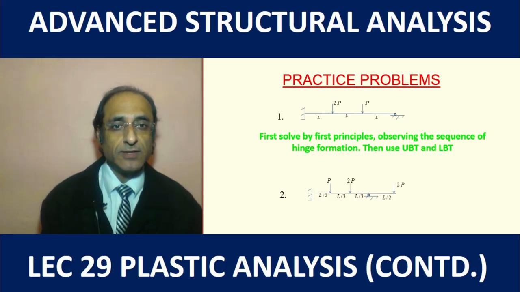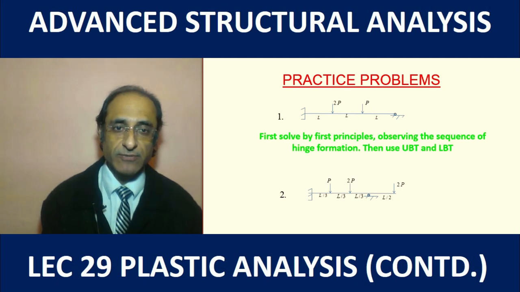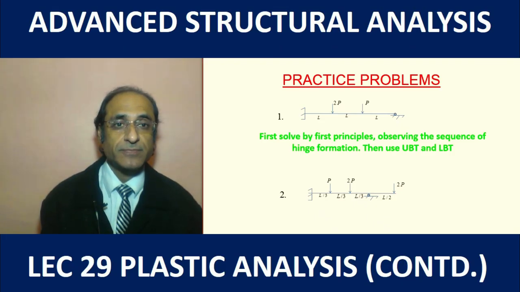Then, once the first hinge is formed, treat that point as a hinge, apply the incremental load, and find what additional load is required for the formation of the second hinge. This way you can solve by first principles, and after that you use virtual work combined with the upper bound and lower bound theorems. You can do it both ways, compare the results, and also compare what internal structure realizations you get from the two methods.